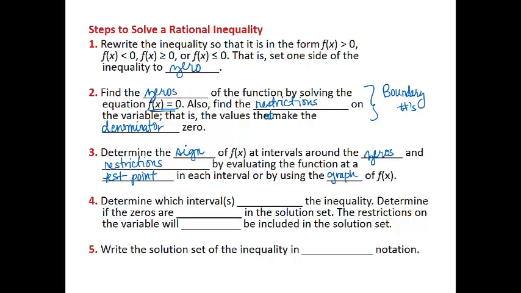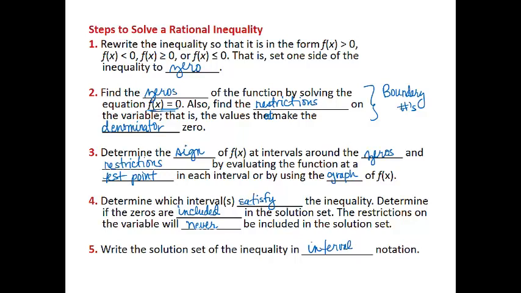Then we determine which intervals satisfy the inequality, and determine if the zeros are included in the solution set. The restrictions on the variable will never be included in the solution set. Then we write the solution set of the inequality in interval notation.